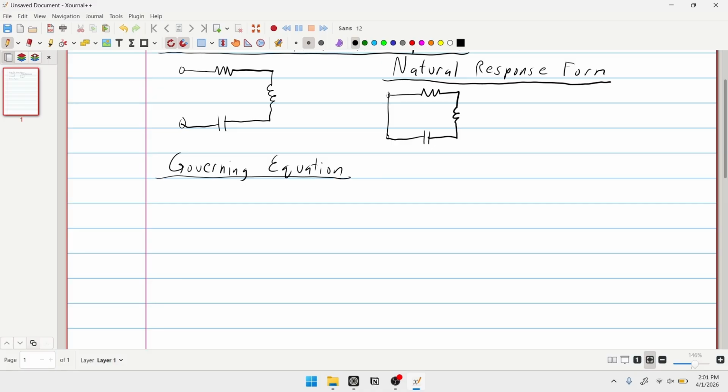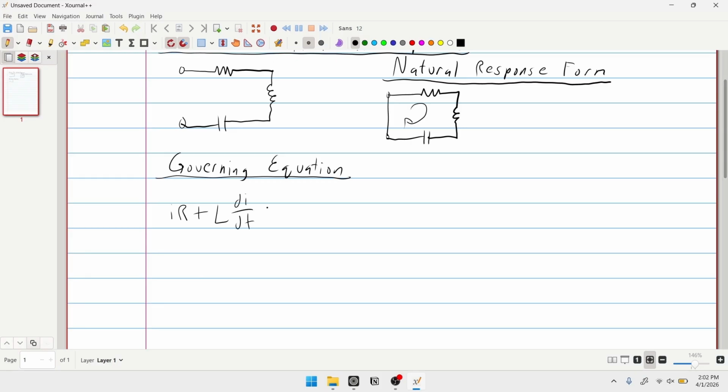Okay? So I'm going to do a KVL clockwise here. I'm going to start at the resistor. So voltage across that is IR. Notice how I'm not putting any subscripts specifically for the current through R, because all the components share the same current. Next, I'm going to do the voltage across the inductor, and that is L di dt.